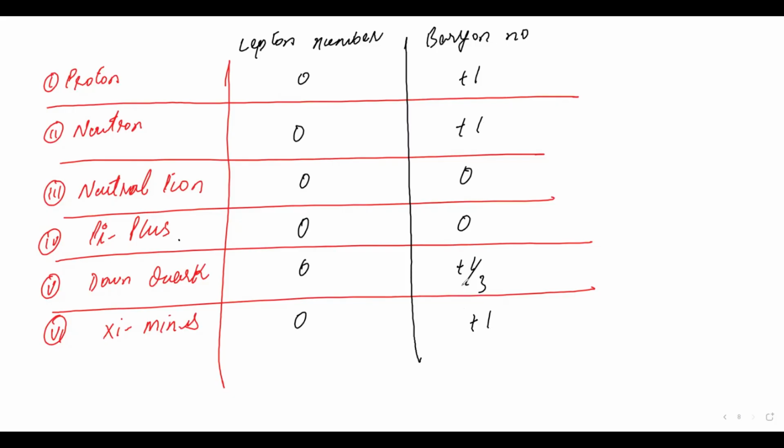Now, at the end of the day, let's talk about an example which conserves all these laws. An example is a beta minus decay.